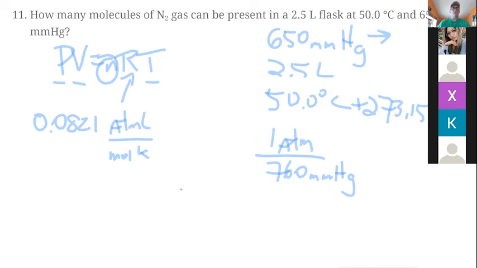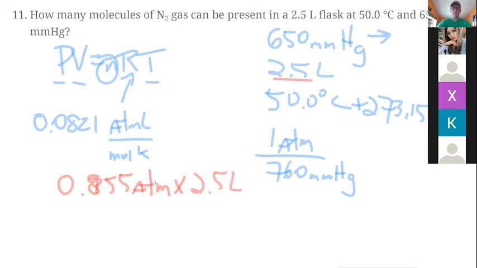So what are we going to plug in for pressure here? That would be 0.855 ATM. Okay. Times, and our volume's 2.5 liters.